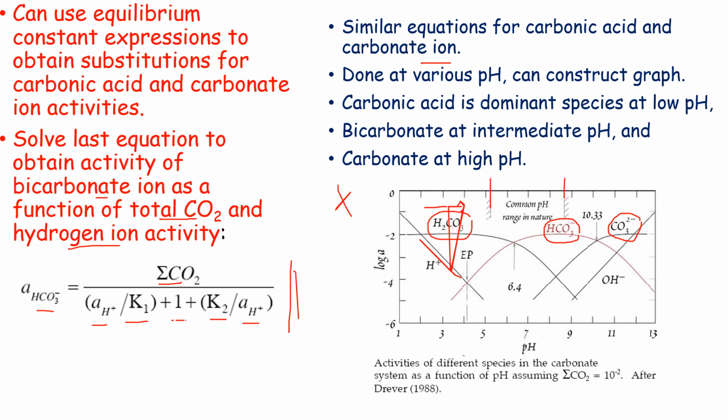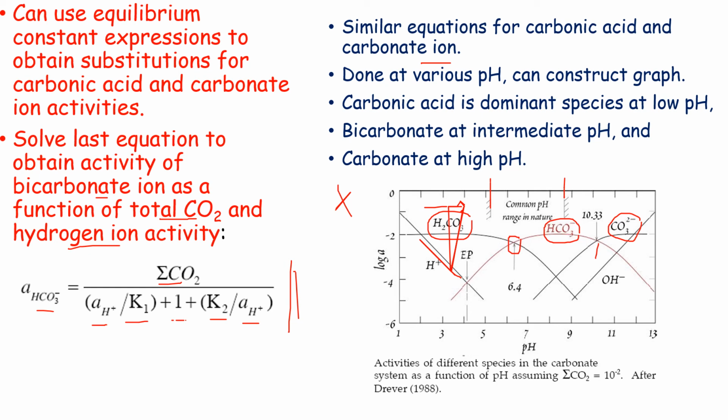Not only that, you can see that at pH 6.4, the activity of carbonic acid is equivalent to the activity of the bicarbonate. Likewise, at pH 10.33, the activity of bicarbonate ions is equivalent to the activity of carbonate ions.